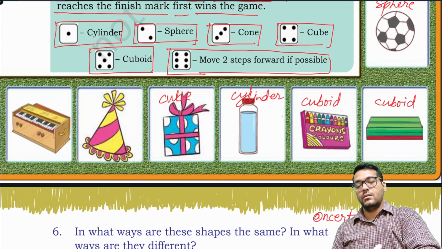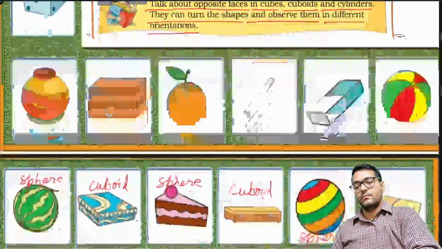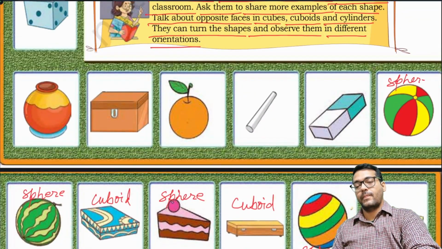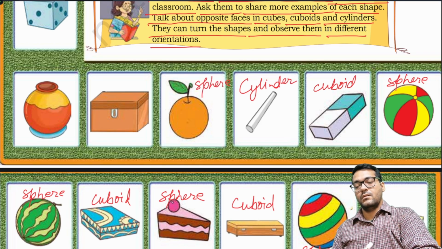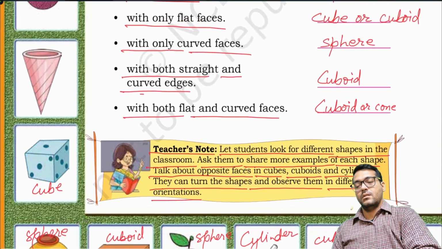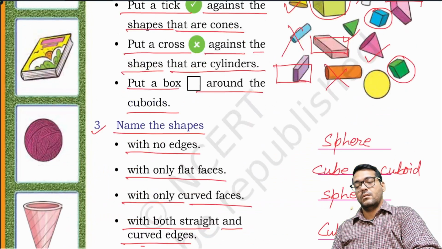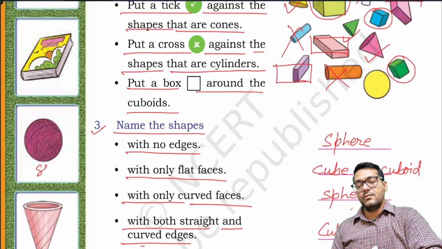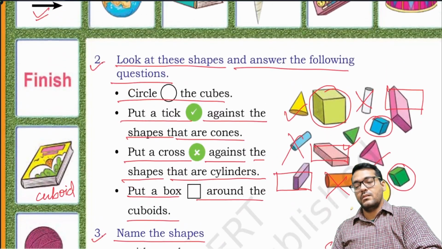gift box, cube, birthday cap, cone, harmonium, cuboid, ball, sphere, eraser, cuboid, chalk, cylinder, orange, sphere, box, cuboid, earthen pot, sphere, dice, cube, ice cream cone, cone, wool lump, sphere, book, cuboid, and here is the finish point.